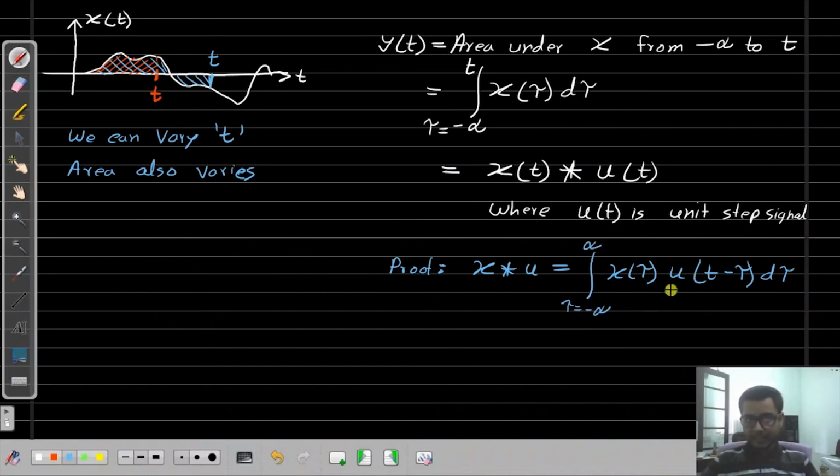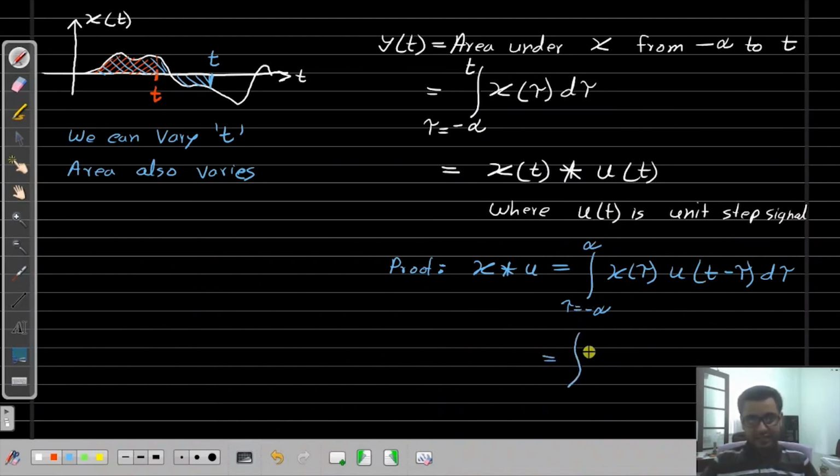However, we know that the value of u will be 0 if this argument is negative. That means if tau is greater than t, then this is negative and u will be 0. So I need not carry this integration over the entire range.